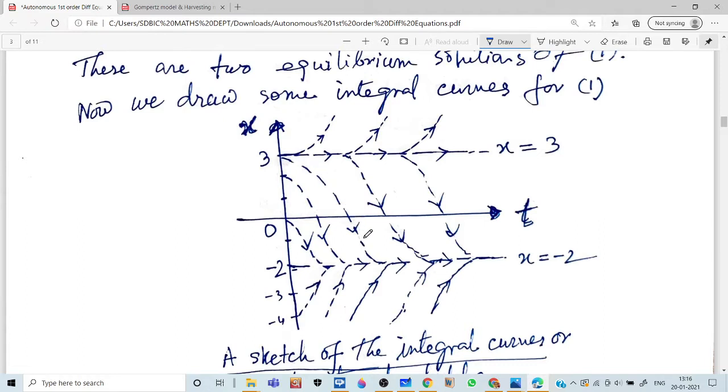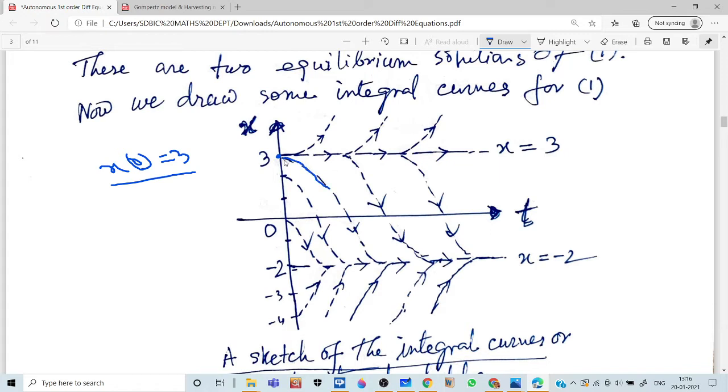Here this is the time axis and this is the x axis. Suppose x at time 0 is equal to 3. If this is the initial condition, then the solution curve goes this way. This is the solution curve.